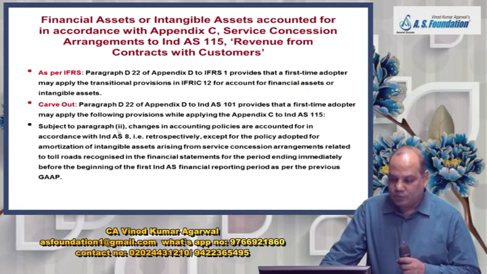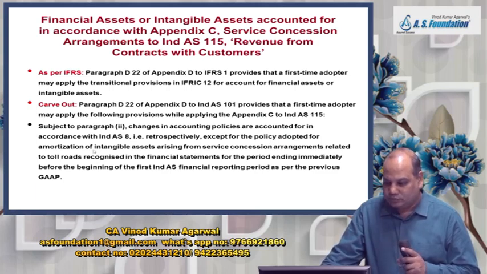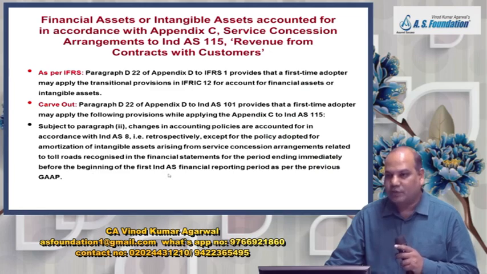Subject to paragraph 2, changes in accounting policies are accounted for in accordance with Ind AS 8, that is retrospectively, except for the policy adopted for amortization of intangible asset arising from service concession arrangement related to toll roads recognized in financial statement for the period ending immediately before the beginning of the first Ind AS financial reporting period as per the previous GAAP.